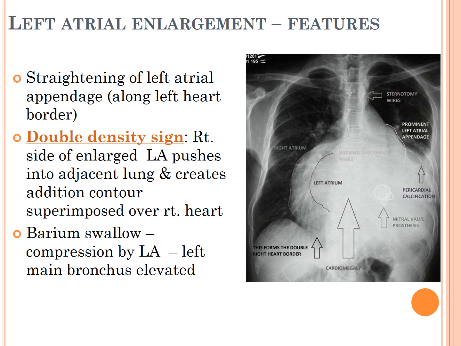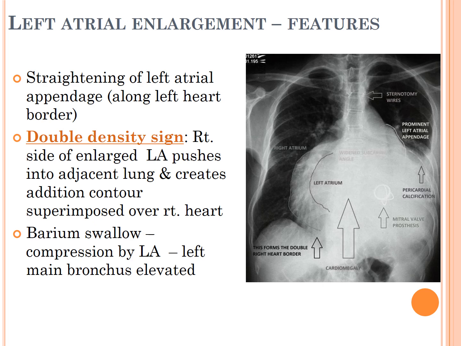On the right side you can see the double density sign: left atrial enlargement pushes into the adjacent lung and creates an additional contour superimposed over the right heart border. It looks like a double right heart border.